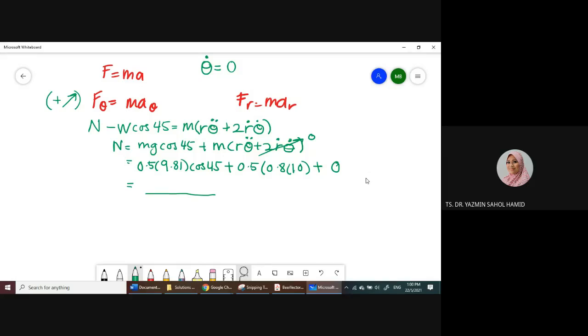I don't have a calculator. Can you please calculate for me? 7.47. Yes. 7 point. Units is Newton.